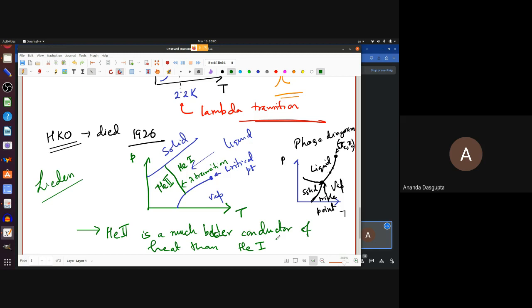So why would this much better heat conductivity of helium-2 prevent boiling from happening? This doesn't require any specialized knowledge. You do need to know some physics for this, but only basic physics.